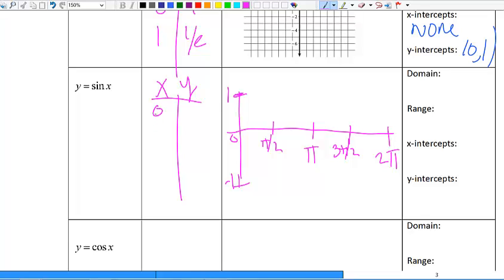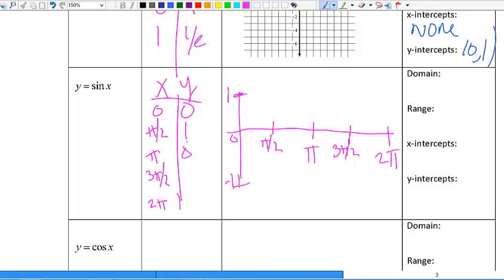So as far as making a table of values goes, I would just pick the same critical points that show up in the graph. Now, sine starts in the middle, so at 0, it's 0. And then it goes up to the top, so at pi halves, it's 1.